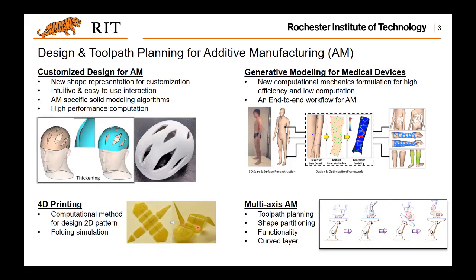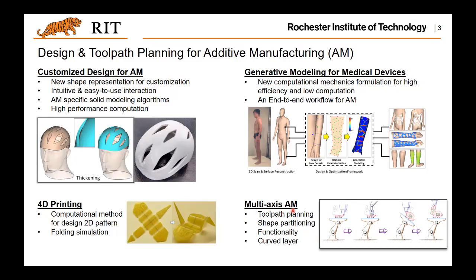That's the idea of 4D. So why is it 4D? It is 3 dimensions, the length, width, and height, plus time, because you need time to apply those activations. That is why people name it 4D printing. But how could we find the 2D patterns such that the final folded 3D shape is the one you desire? That's the research question.